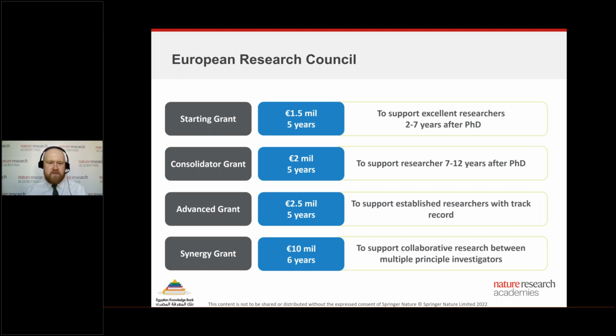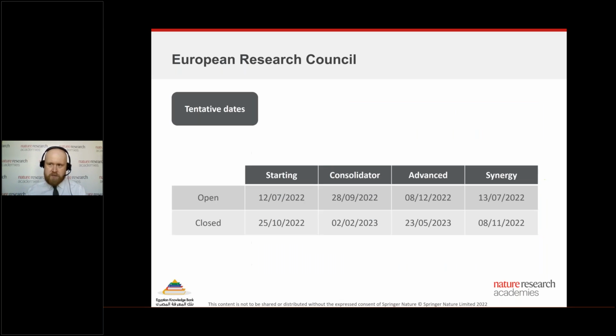As you can see, these are for different amounts of money and they're to support researchers over different periods after their PhD. So the consolidator is for 7 years after the PhD, and then the advanced and synergy grants are really for established researchers. I wanted to provide you today with some tentative dates. The starting grant will be opening on the 12th of July this year.